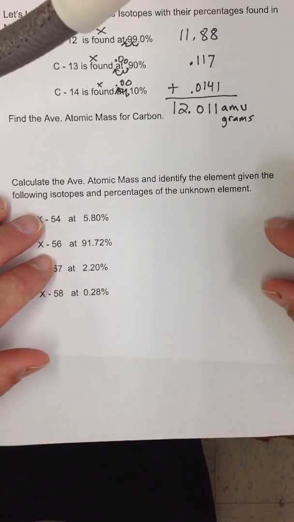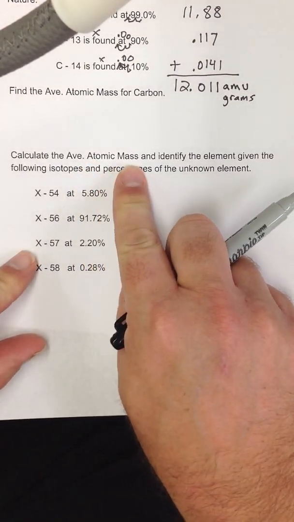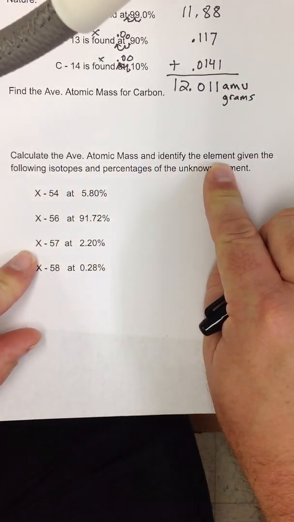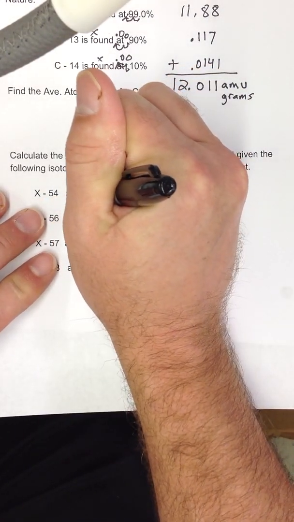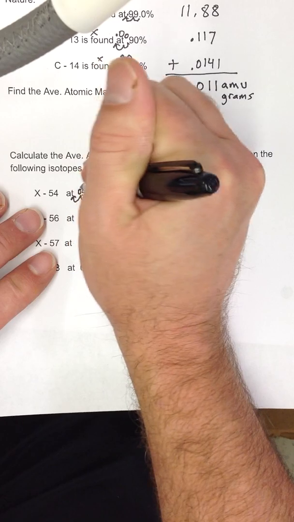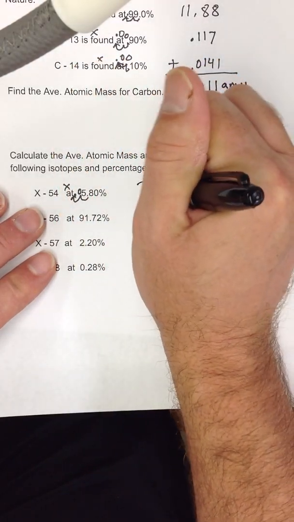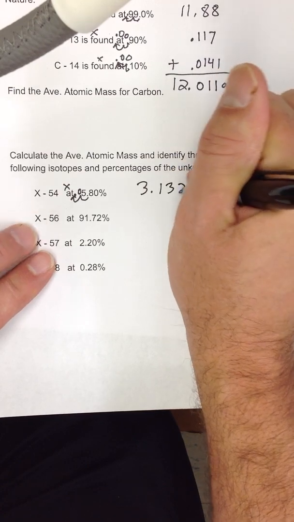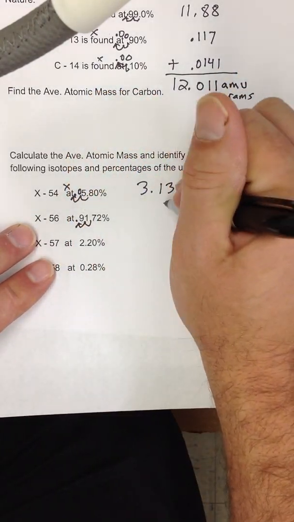So let's try another problem, but this time not only do we have to find the average atomic mass, we have to identify the element. So here we go again, moving the decimal, multiplying it out. You're going to have 3.132, moving the decimal, that's a big one there.